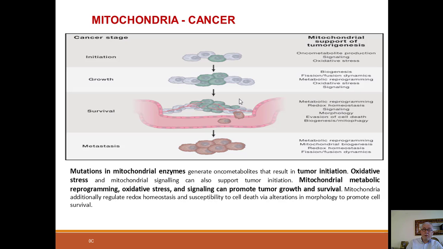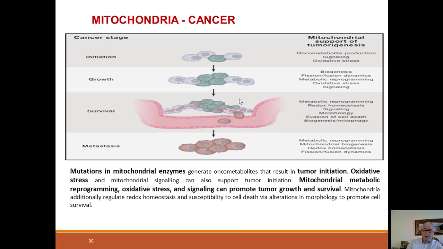As I told you, we know very well the mitochondria is the most important free radical source in the cells because of the electron transport chain and oxygen molecules, and complex 1 and ubiquinone complex 3 especially are responsible for production of oxygen-based radicals, oxygen radicals and hydroxyl radicals. And mitochondrial metabolic reprogramming and oxidative stress and signaling can promote tumor growth and survival.